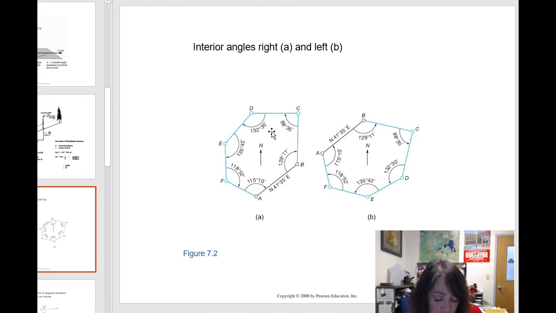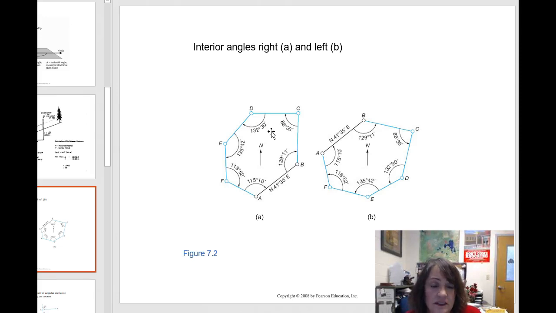So that means if you have a triangle, which is 3 sides, 3 minus 2 is 1. 1 times 180 is 180. It means that the interior angles of a triangle will add up to 180. For a rectangle or a quadrilateral of any sort, there are 4 sides, so 4 minus 2 is 2.